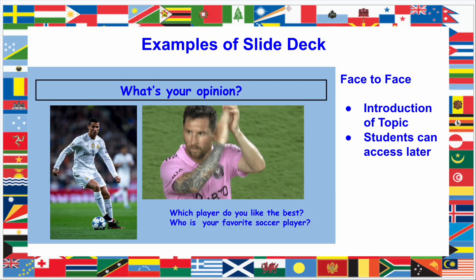They stand up in the middle of the room, and then they're given a choice between two options, like would you rather have indoor recess or would you rather have outdoor recess, and then they move to whichever side of the room supports their side, their opinion. And then we usually have conversations about why they made the choice that they did.